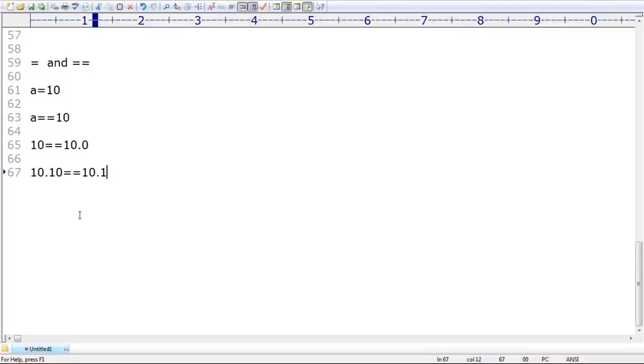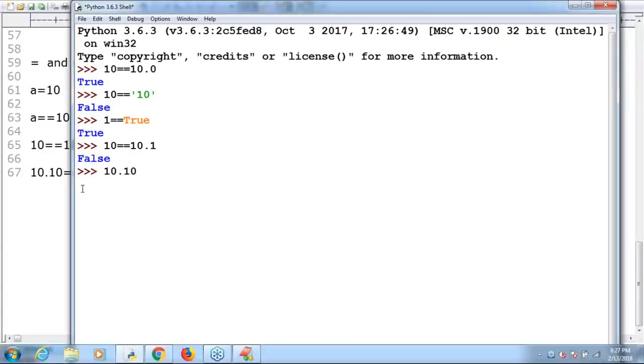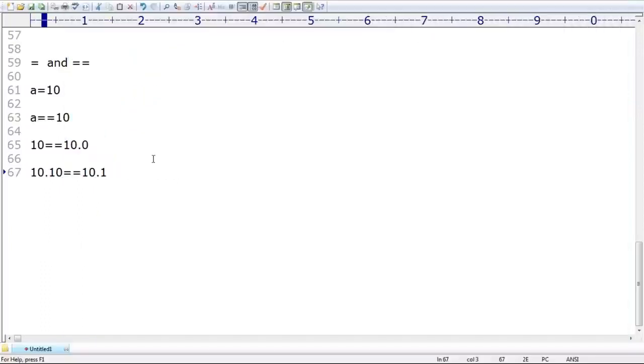According to our analysis, definitely it should be true, because the trailing 0 makes no difference in the value. This value and this value are exactly the same. That's why the output by default you are going to get is true.